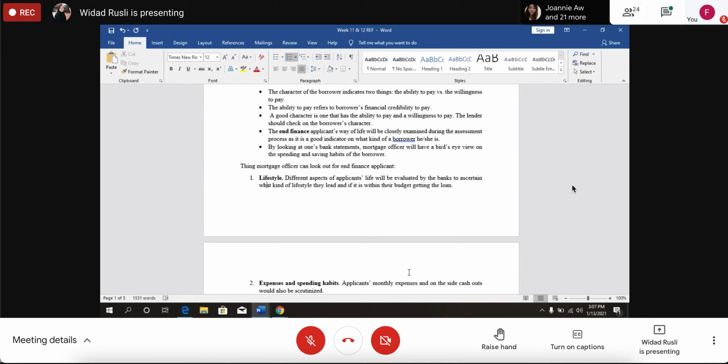And if the borrower has a good character for the credit, that means we can consider giving the loans to the borrower, because the good character has the ability and is willing to pay.